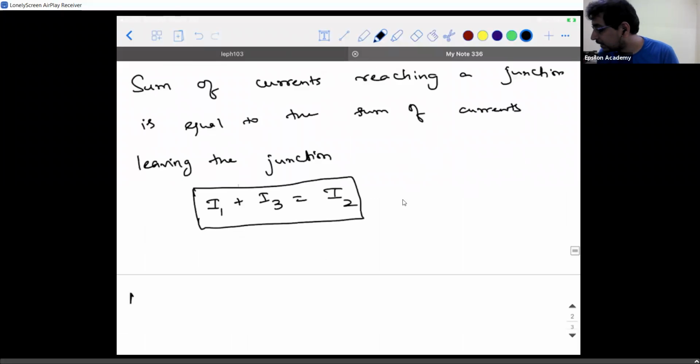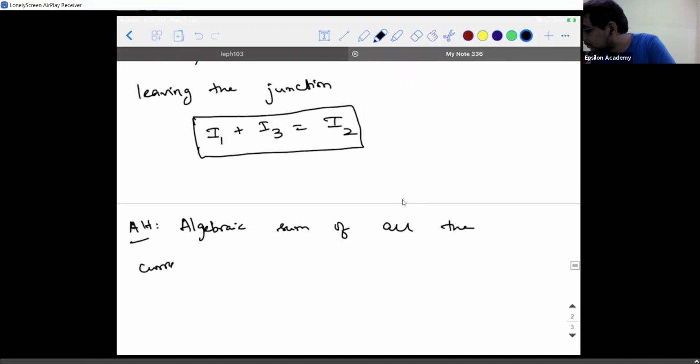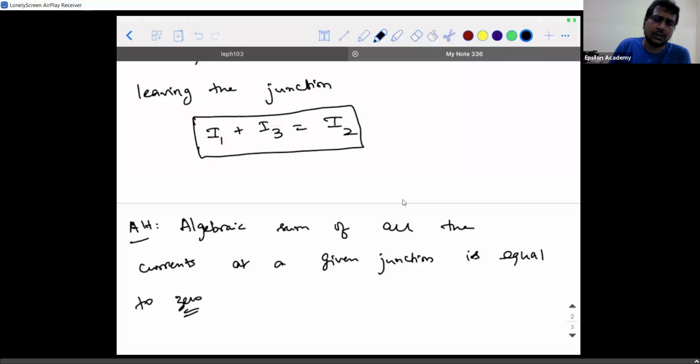The alternate statement for it is, listen to this also carefully: algebraic sum of all the currents at a given junction is equal to 0. What does it mean? I'm using an important term here, algebraic sum.